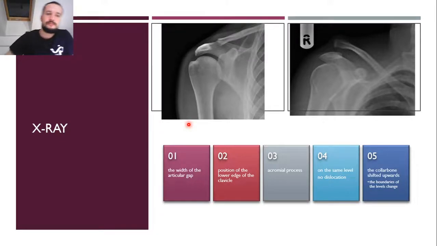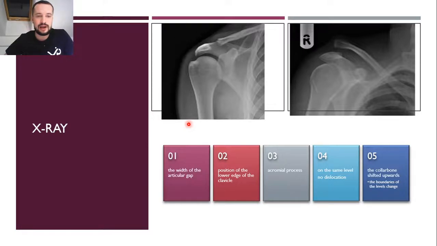X-ray. X-ray examination facilitates the diagnosis. When reading radiographs, one should pay attention not so much to the width of the articular gap, its magnitude is variable, especially with incorrect wedge, as to the position of the lower edge of the clavicle and the acromial process. If they are on the same level, then the ligamentous apparatus is intact and there is no dislocation.